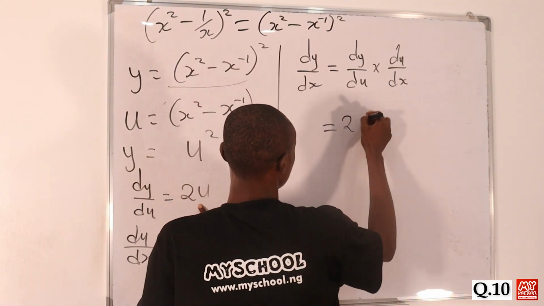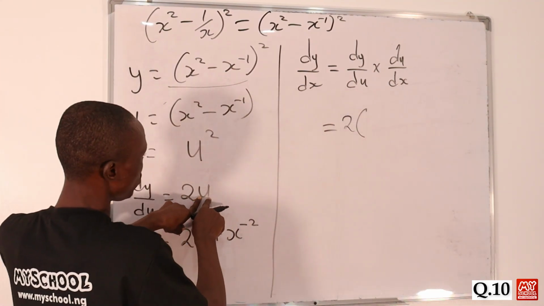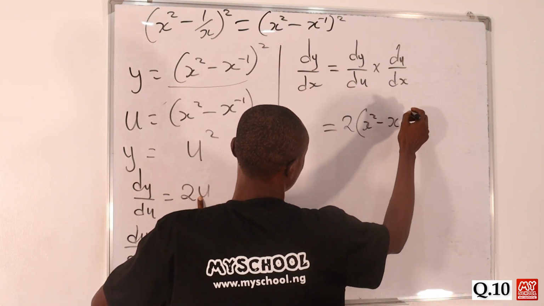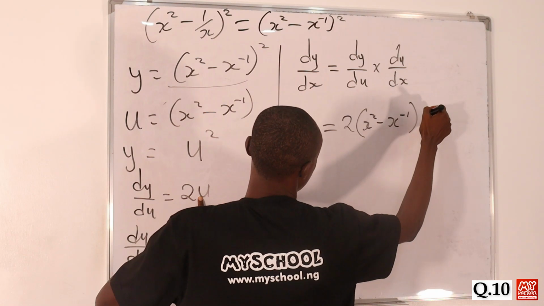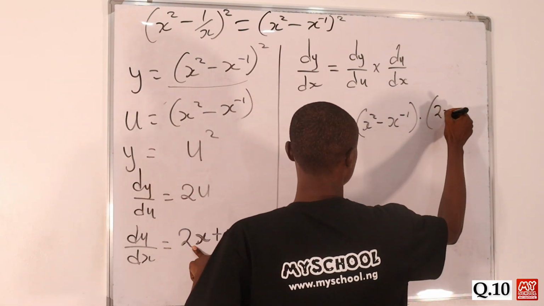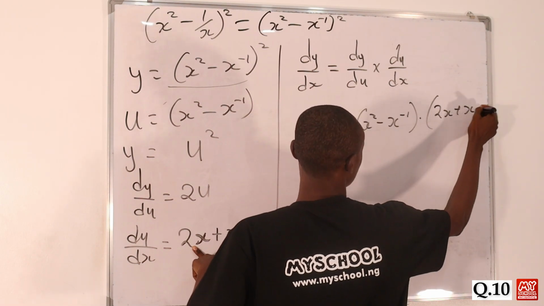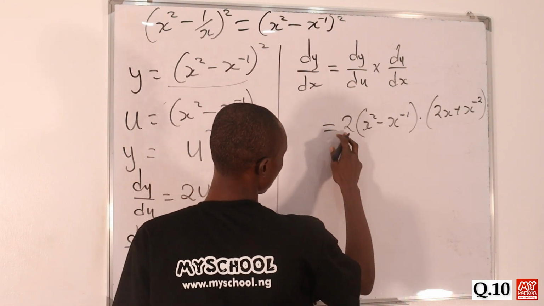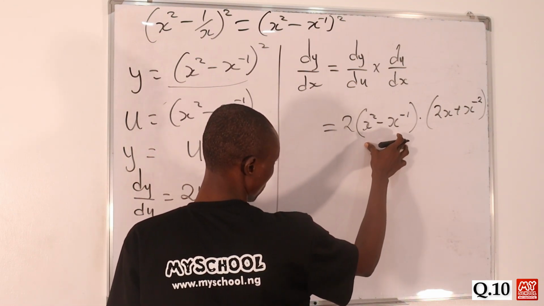So you'll be having 2 brackets. Now remember that our u is equals to x squared minus x raised to power minus 1, then times, okay, now here we have 2x plus x raised to power minus 2 in bracket. Okay, so let's first of all use 2 to multiply what you have inside the first bracket.